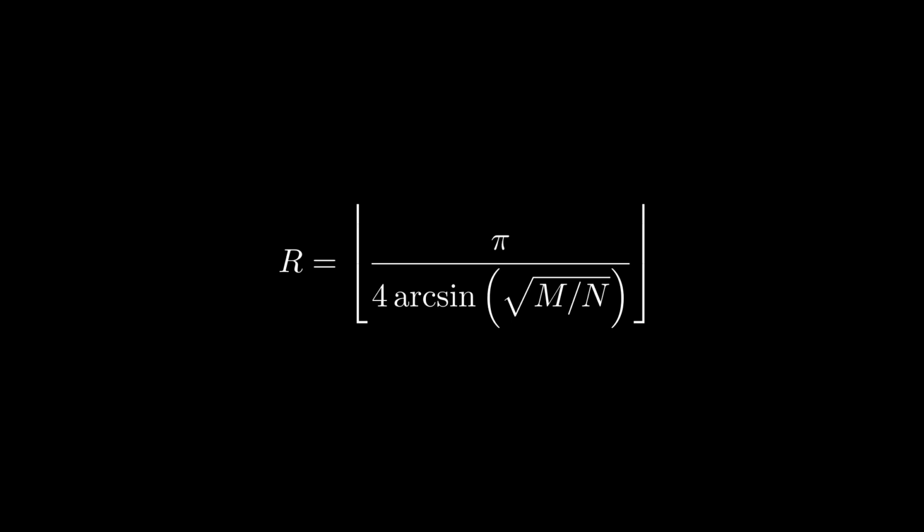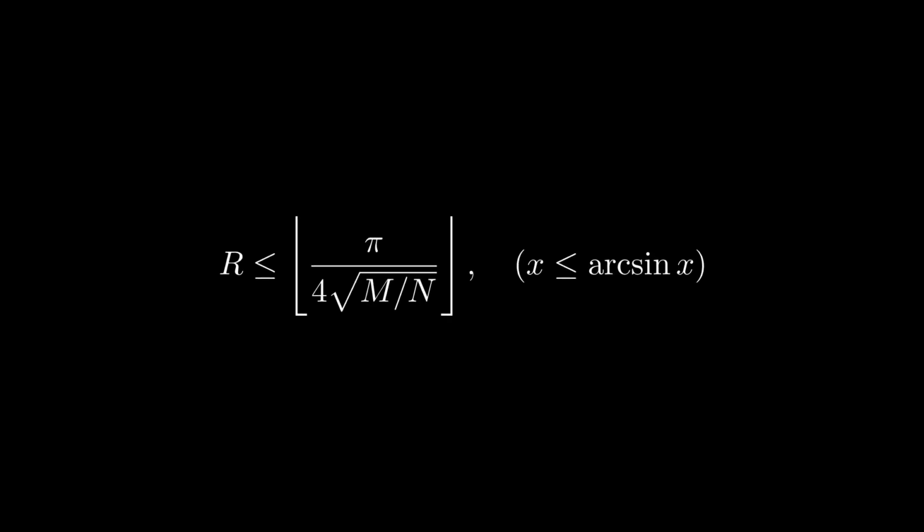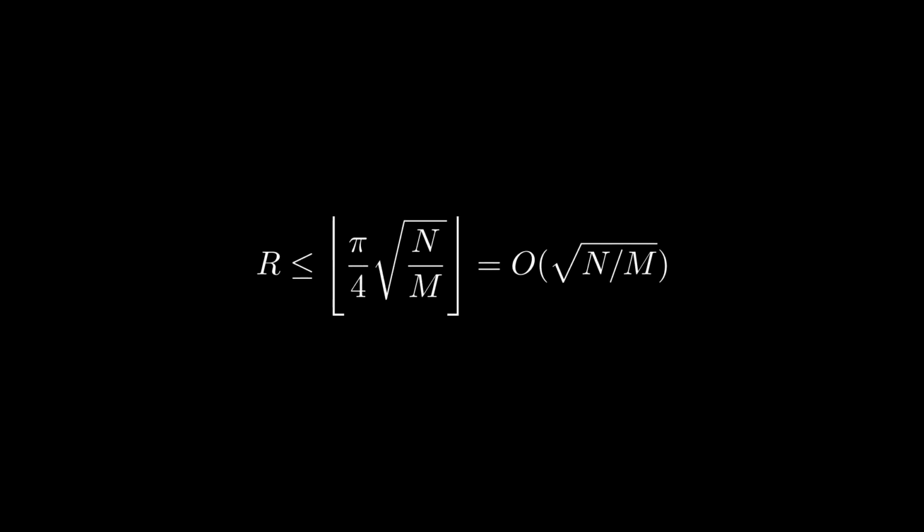This means that we can upper bound r by this square root expression, giving us an upper bound of pi over 4 times the square root of n over m, or in other words, O of square root of n over m Grover iterations. Consequently, we have that the query complexity of this procedure is O of square root of n over m, matching the stated O of square root of n complexity at the beginning of this video, where we assume that m equals 1.